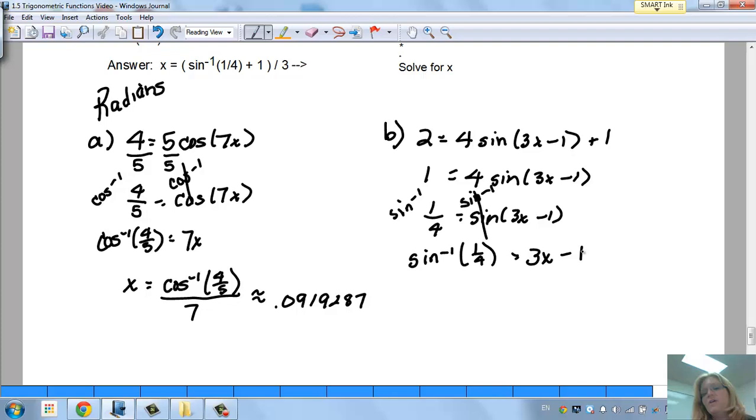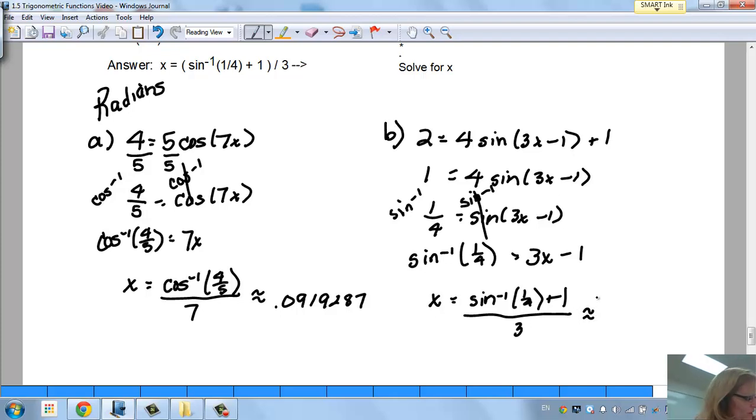Now it's almost like I'm going back to doing normal math, and you are. So we're going to basically add 1, divide by 3. So x equals the inverse sine of 1/4, add 1, and then divide the whole thing by 3.